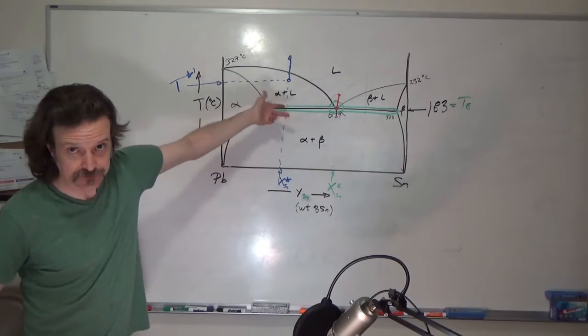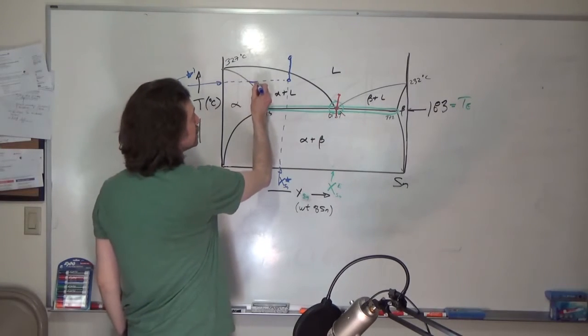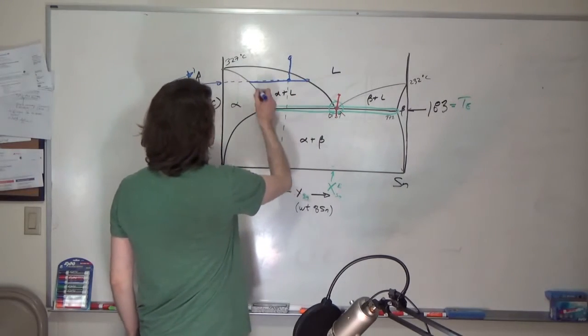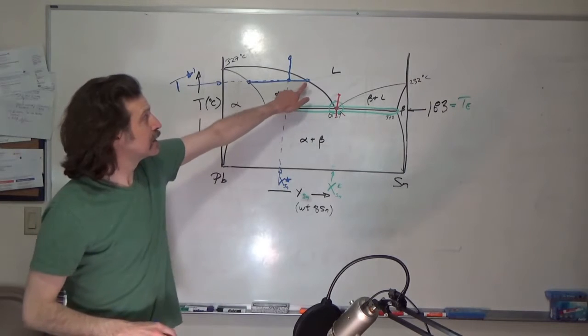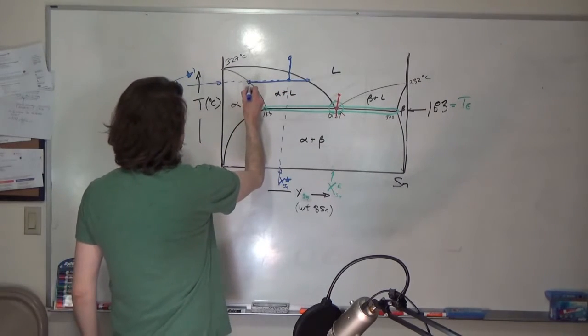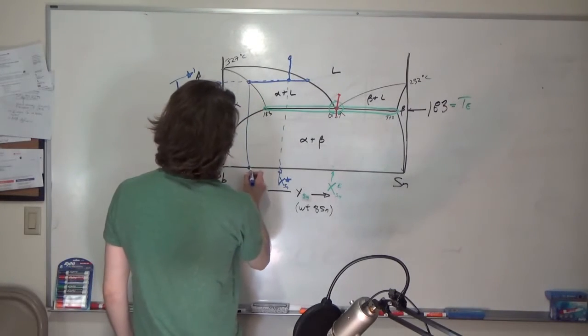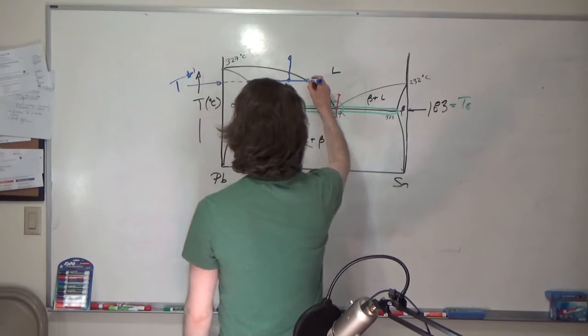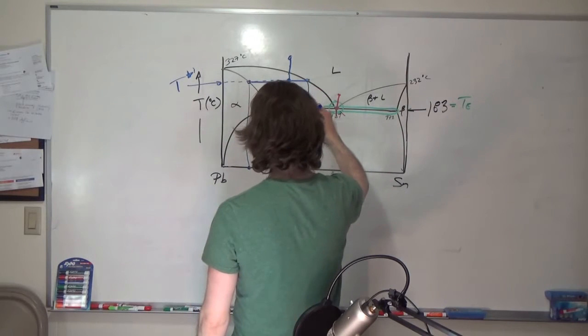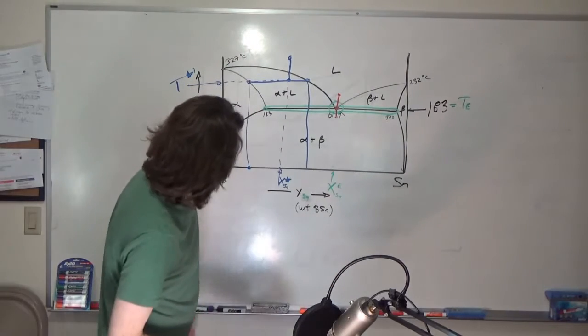And you can read the two phases from the diagram, and you get that by drawing your horizontal tie line, looking at where the tie line touches the phase boundaries, drawing horizontal lines. Again, that's easier said than done.